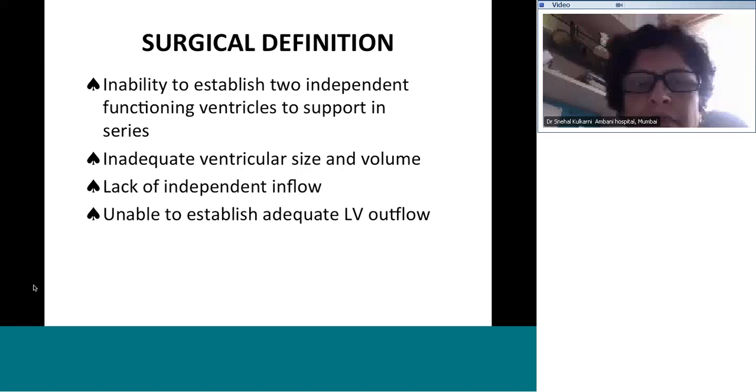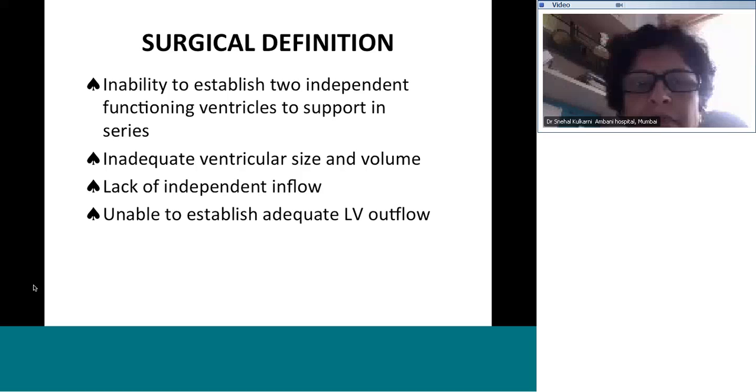The second is lack of independent inflow. Always remember that ventricular size and volume depend upon the inflow. Inflow usually determines the size of the ventricles, because the inflow is either a mitral or a tricuspid valve. When we take echocardiographic measurements, we take the annular size of either valve and look at the z-scores.